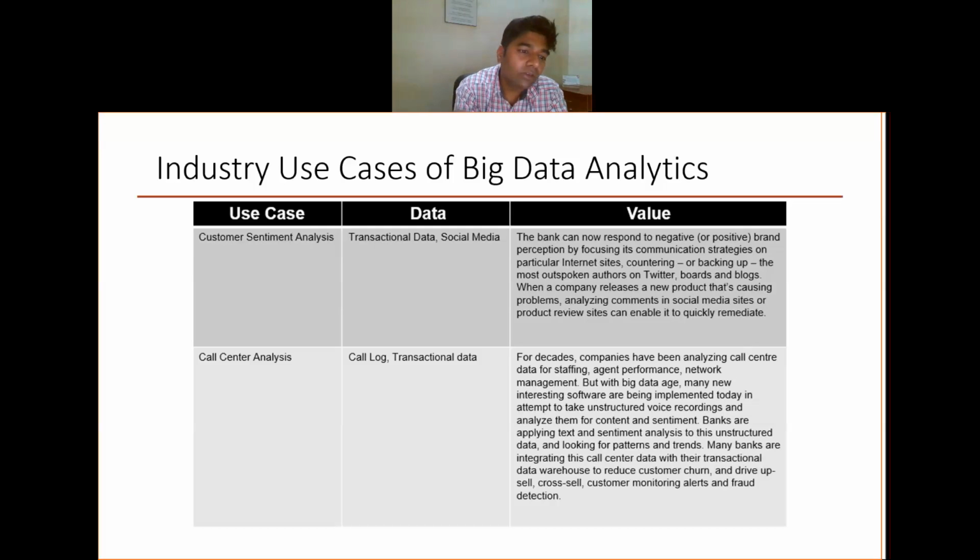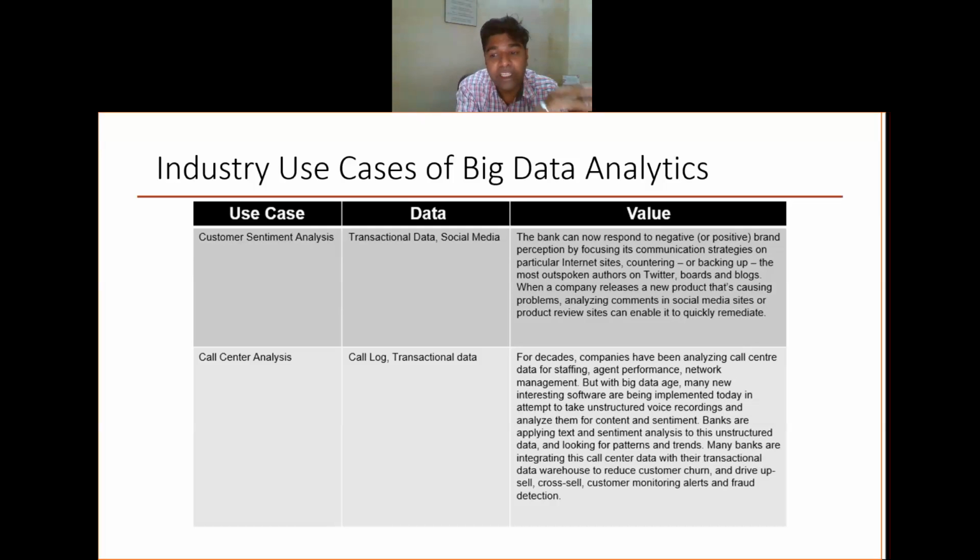Okay. Next, we have call center analysis. Call center analysis deals with call logs and transactional data. For decades, companies have been analyzing call center data for staffing, agent performance, and network management.